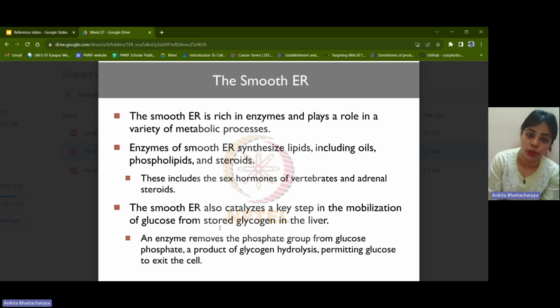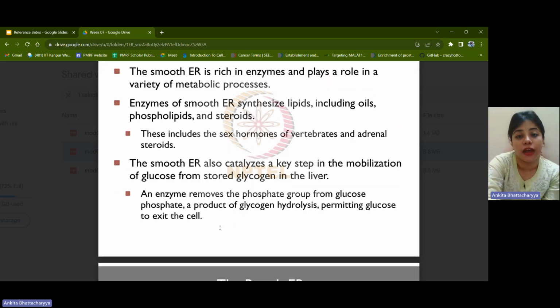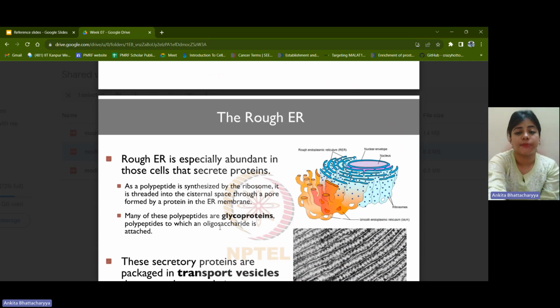Glycogen is the storage form of glucose. From there, the accessible form of glucose is brought about. There's an enzyme that removes the phosphate group from glucose phosphate, which is a product of glycogen hydrolysis, and that permits the glucose to exit the cell. So this is the function that is being carried out within the smooth endoplasmic reticulum.